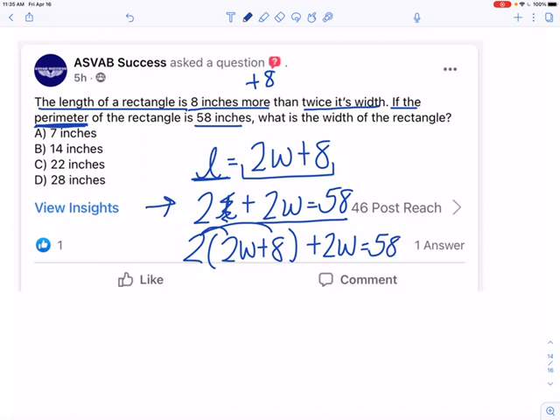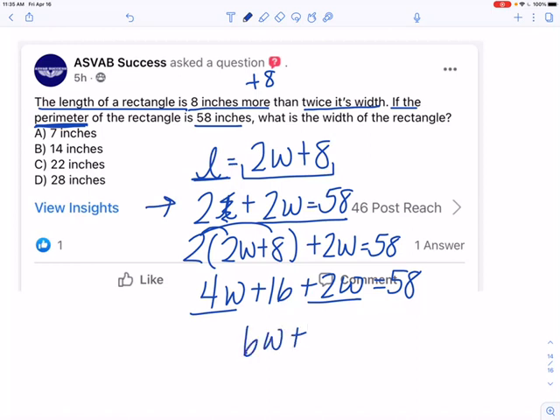Plus 2w equals 58. Now I'm going to simplify this. I'm going to distribute the 2 to each term. So 2 times 2w is 4w, and 2 times 8 is 16. Plus 2w equals 58. Now I'm going to combine like terms, 4w plus 2w, which simplifies this even more.